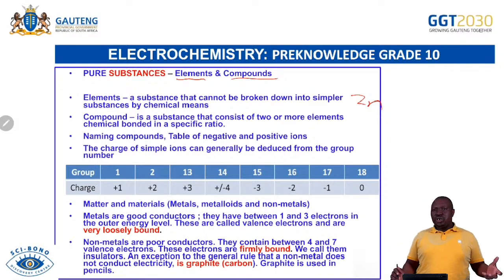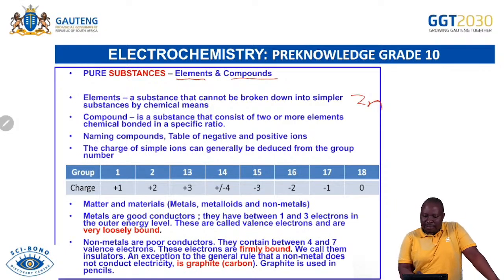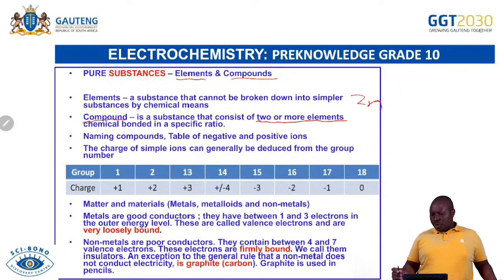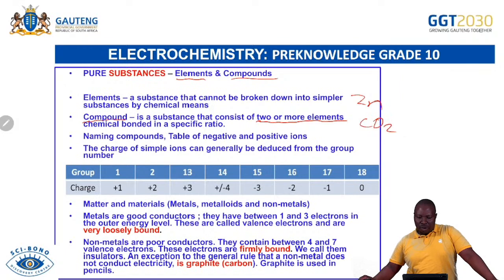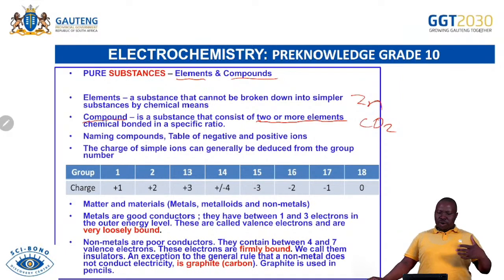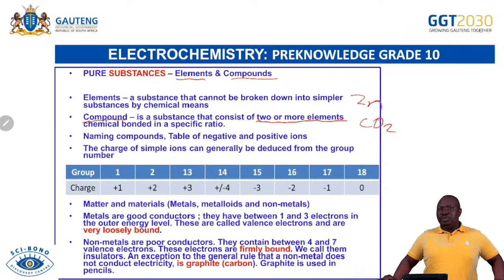But a compound means we have more than one, a substance that consists of two or more elements. For example, you can have carbon dioxide, you can have water. When you have two or more elements, we refer to it as a compound. When we have only one that cannot be broken down, we refer to it as an element.